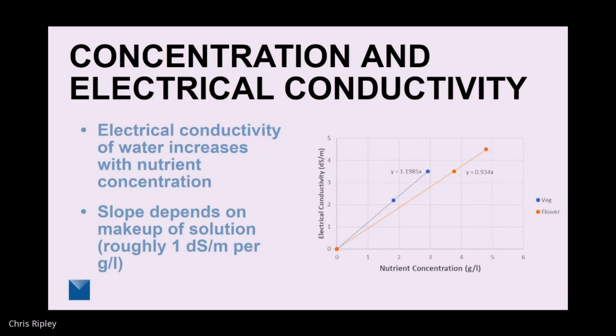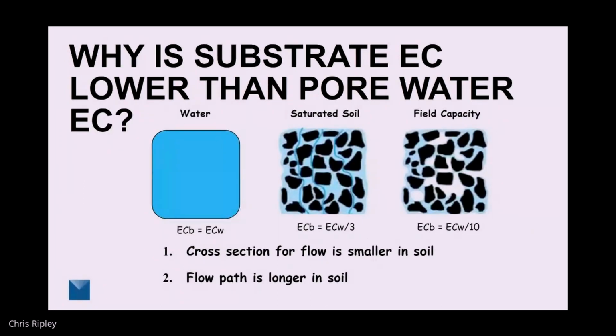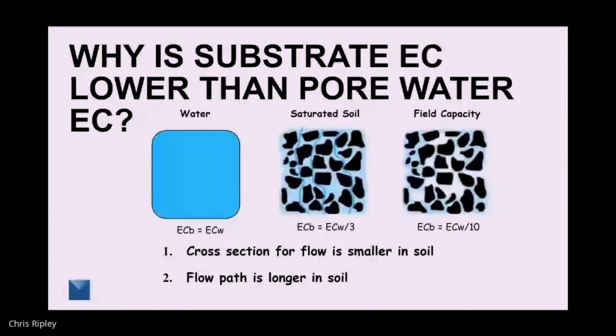But one of the places where people get messed up is on this difference between bulk EC and pore water EC. And is this a good slide to explain that difference, Dad? Yeah, I think so. Okay. Should I go ahead on that?